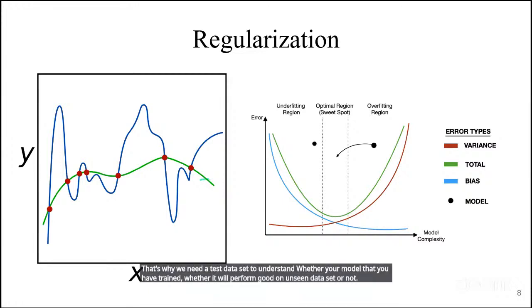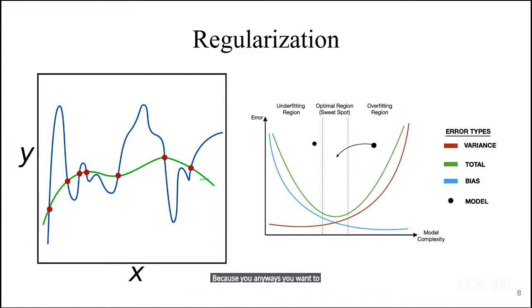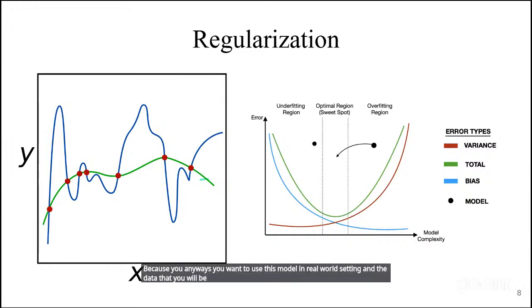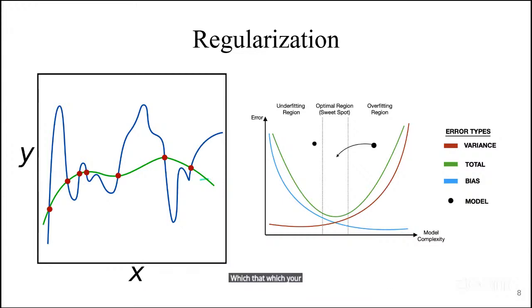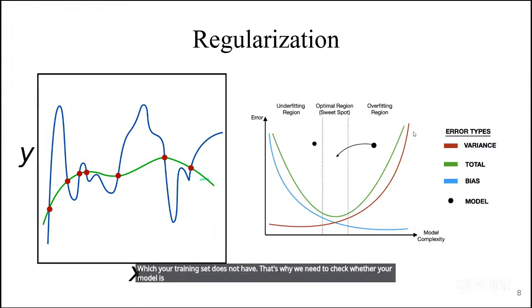Because anyway, you want to use this model in a real-world setting, and the data you will be feeding in this model would be a new data point, which your training set does not have.